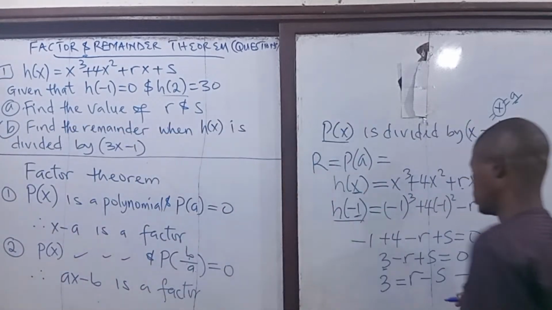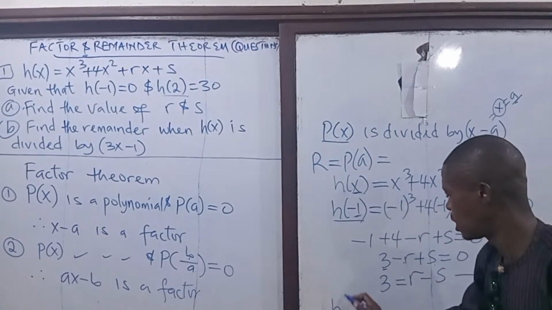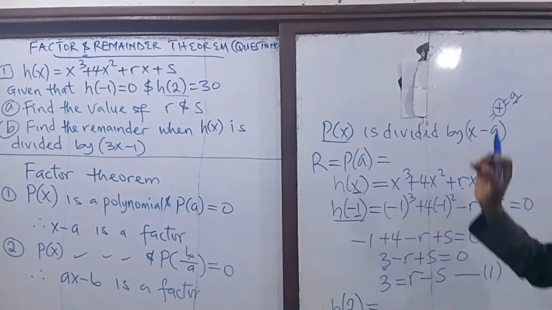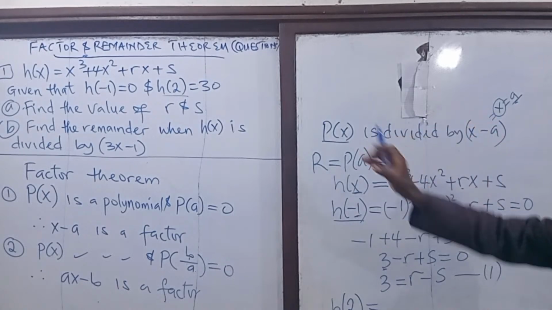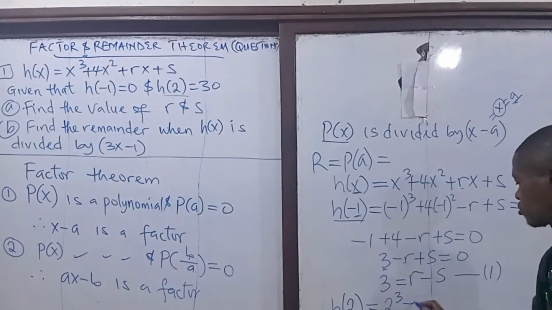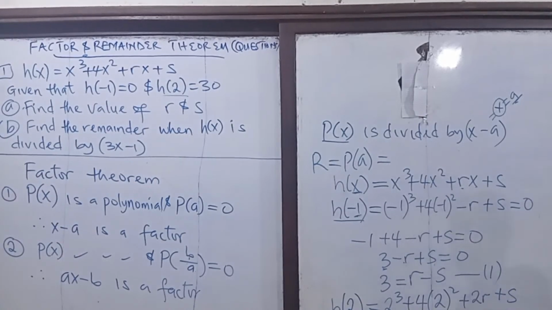H of 2 is 30. Do the same thing also. Do your substitution for h of 2. Wherever you see x, you plug in 2. That will be 2 to the power 3 plus 4 times 2 squared plus 2r and then plus x.